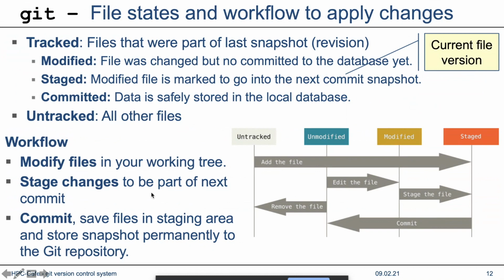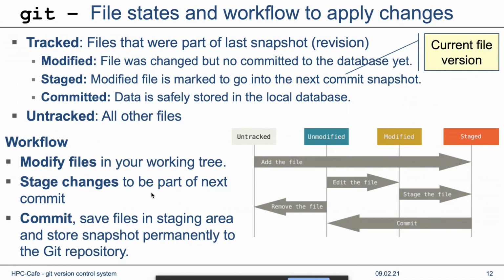And this, I will show you in the demo, is not on a file granularity, but really on a change granularity. So also part of a file can be in the next commit. For example, let's say you do by accident, it happens all the time with me because I'm not very disciplined, different changes in a file that do not logically belong to the same task, and so should not end up in the same commit.